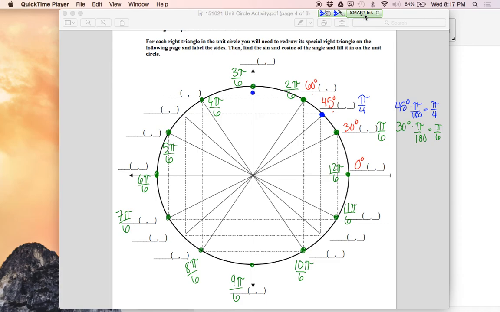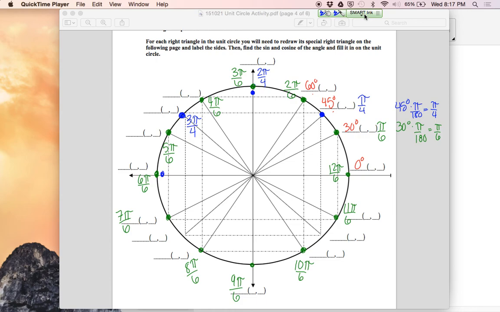Now notice that they overlap, but that's okay, because if I have pi over 4 and I add another pi over 4, I get 2 pi over 4. But 3 pi over 6 and 2 pi over 4, they simplify to be the same thing. So I start at 1 pi over 4, add another 45 degrees, which is the same thing as adding pi over 4 radians. So I'm 1 pi over 4, now I'm at 2 pi over 4. Now another 45 degrees, I add another pi over 4, which is 3 pi over 4.